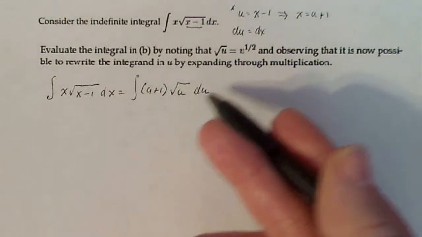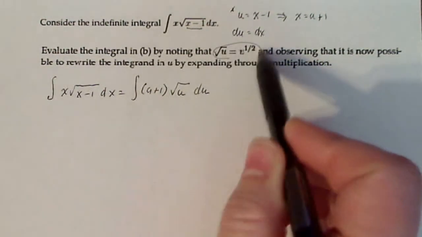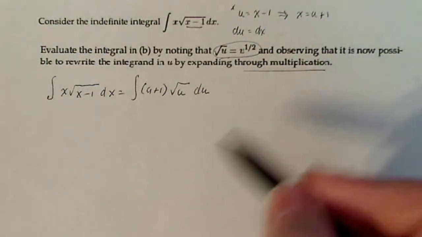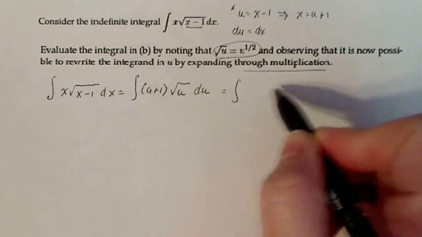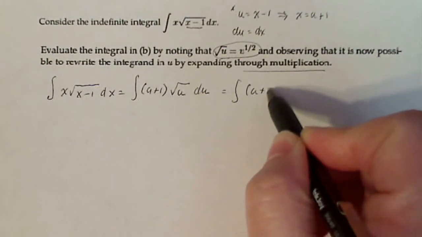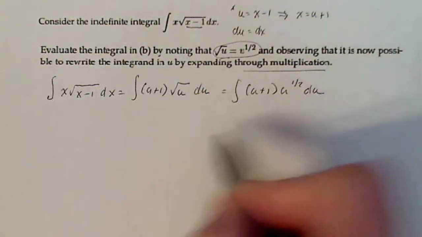All right, now if I go ahead and integrate this, this is where the problem is talking about noting that this is true and multiplication and all that stuff. So I can say that this is equal to the integral of u plus 1 times the quantity u to the 1/2 du.